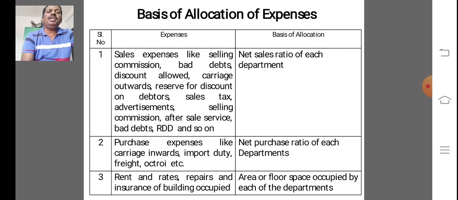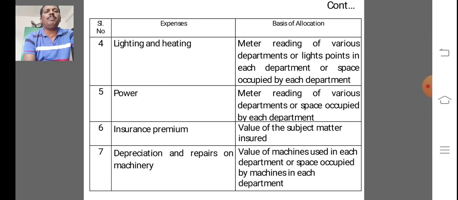Next one, rent, rates and repairs and insurance of building: area or floor space occupied by each department. Lighting and heating: meter reading of various departments or light points in each department or space occupied by each department. Power: meter reading of various departments or space occupied by each department.